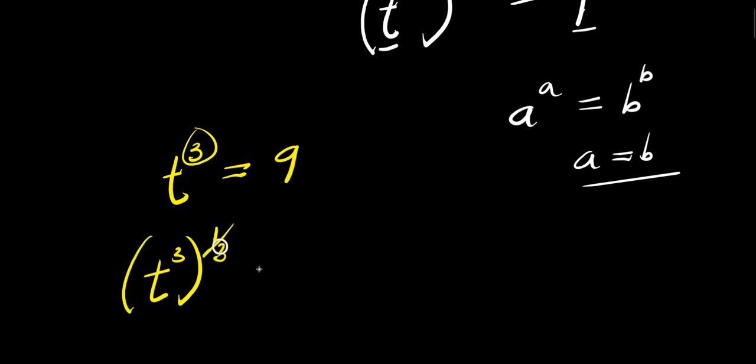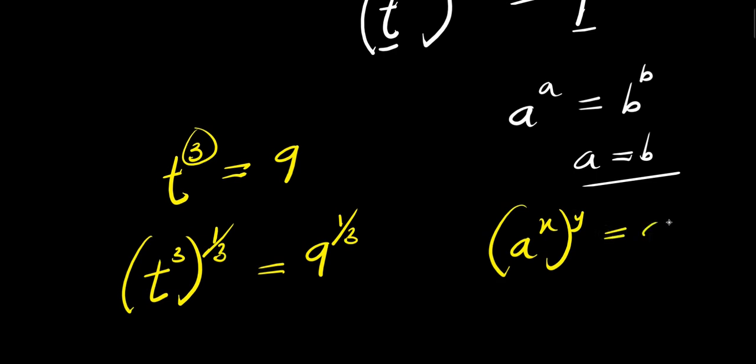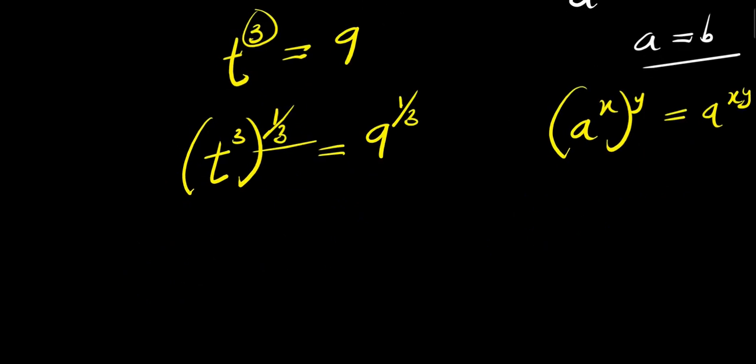And from here, I can solve for t by eliminating this exponent. So raised to the power of 1 over 3 equals 9 raised to the power of 1 over 3. Remember, a power x power y equals a power x times y. So let's multiply this out: t power 3 times 1, this is 3 over 3, equals 9 power 1 over 3.